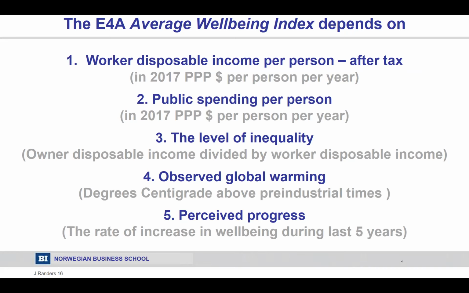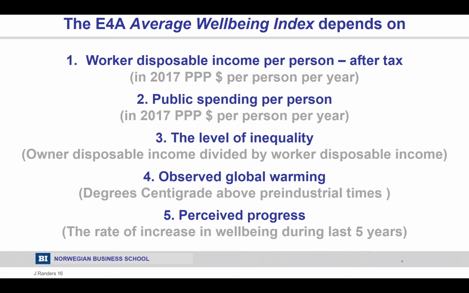Those are by the recommendation of what is called the Wellbeing Economy Alliance, an alliance of nations that have chosen to move away from GDP per person as the societal goal. They are using average well-being as their goal. And our concretization of the five goals of the Wellbeing Economy Alliance are the following five.